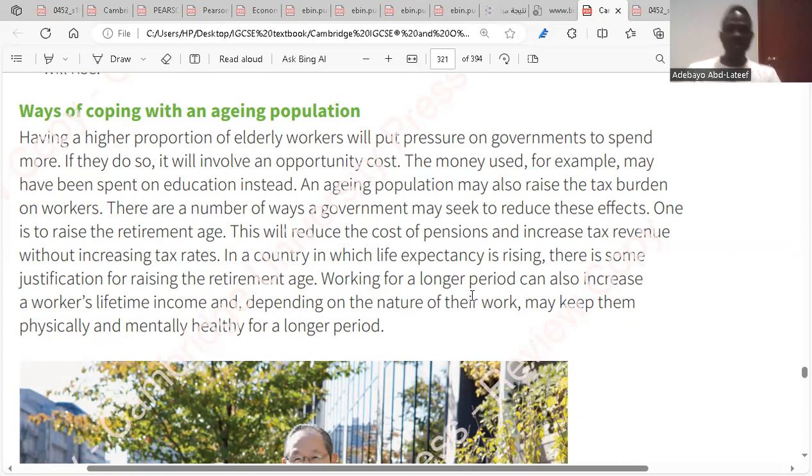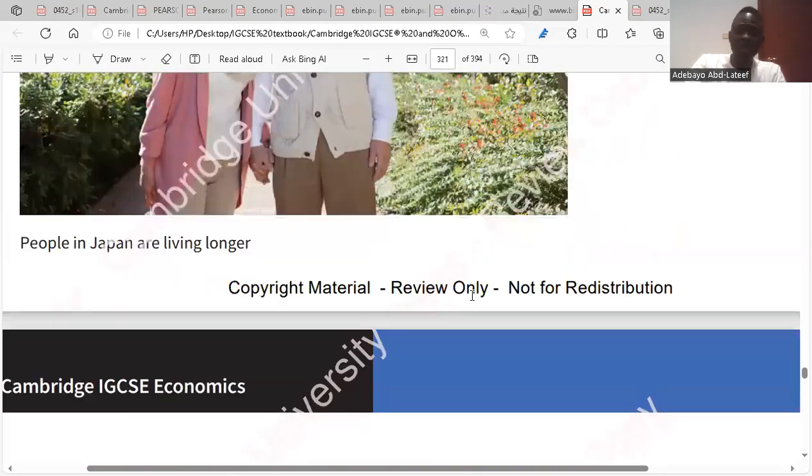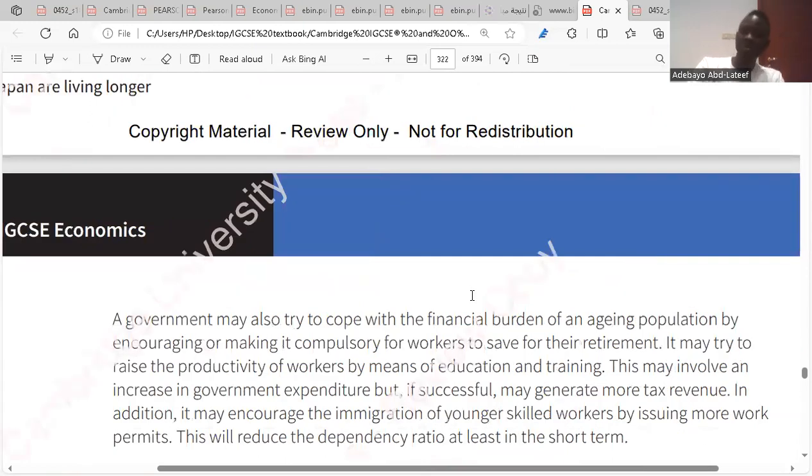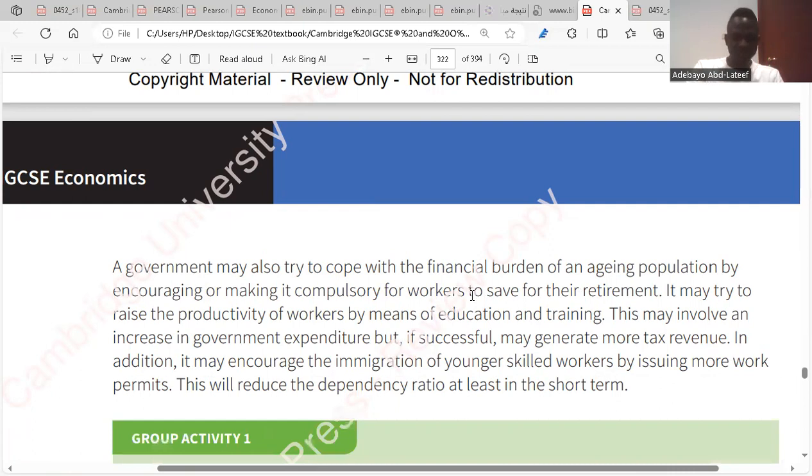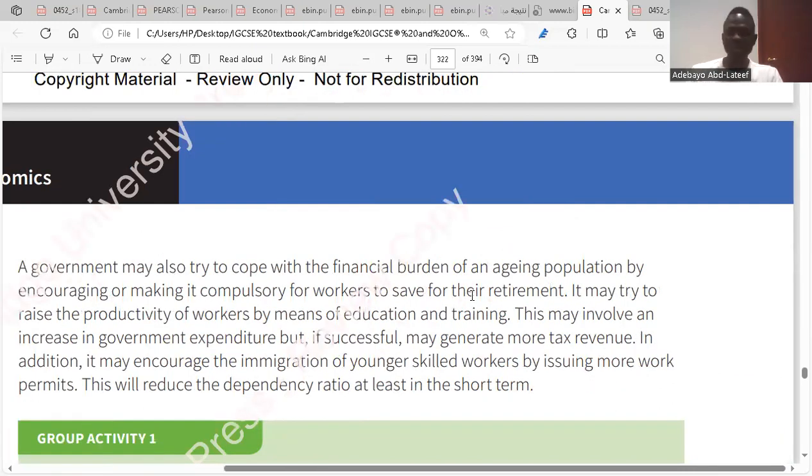Working for a longer period can also increase a worker's lifetime income and, depending on the nature of their work, may keep them physically and mentally healthy for longer. So working longer is good for health because it keeps your body and soul together and agile. The government may also try to cope with the financial burden of an aging population by making it compulsory for workers to save for their retirement.